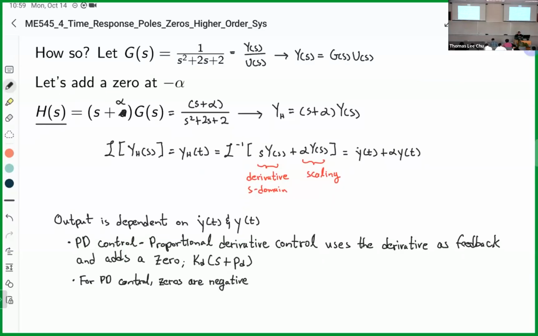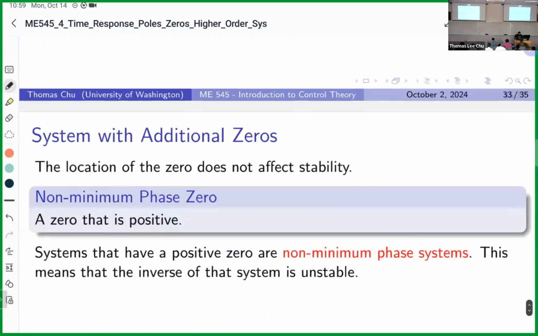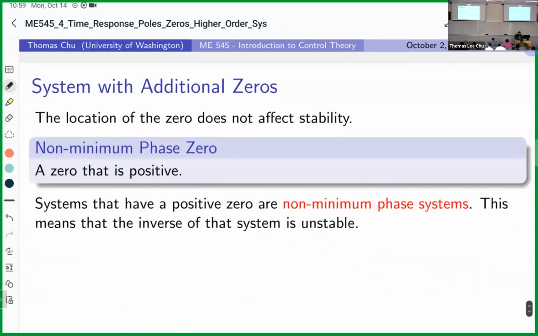Even if we have a second order system, a positive 0 will completely mess up the response of that second order system. It's not going to make it unstable, but it's going to make it behave kind of erratically. I'll show you an example. The location of the 0 does not affect stability, but when we do have a positive 0, it's called a non-minimum phase 0. So a non-minimum phase 0 is a 0 that is positive.